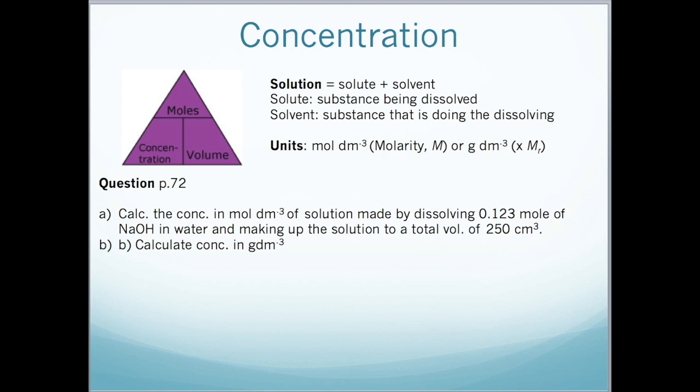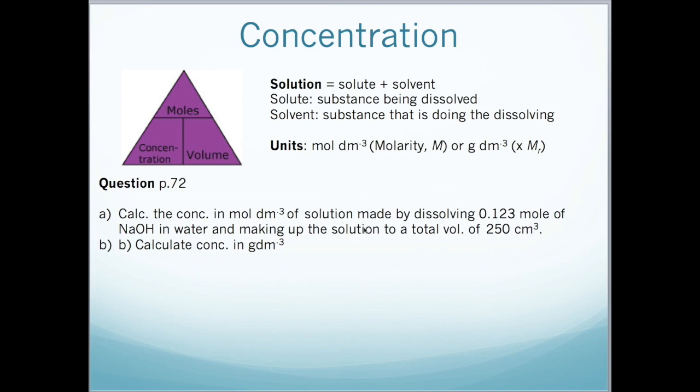And to calculate the concentration in mole per decimeter cubed, the amount, moles, of solute is divided by the volume of the solution. So let's look at this question here. It says A, calculate the concentration in mole per decimeter cubed of solution made by dissolving 0.123 mole of sodium hydroxide in water and then making up the solution to a total volume of 250.